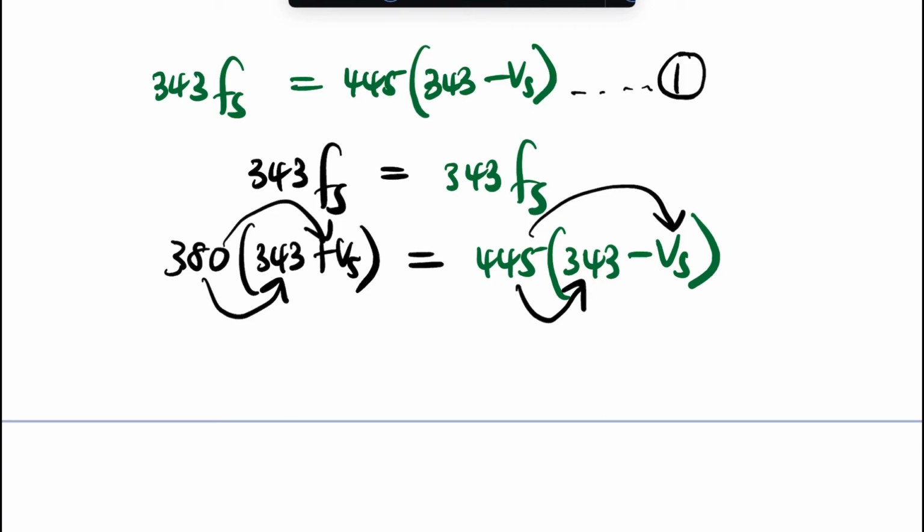Let me take out my calculator quickly. So I'll say 380 times 343. The answer here is 130,340, and then plus 380 times Vs. So on this side now, I'll say 445 times 343.